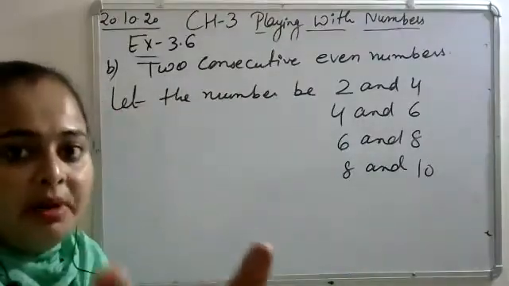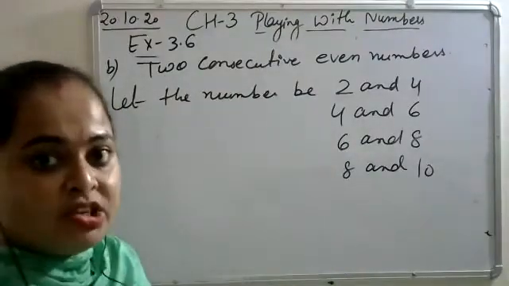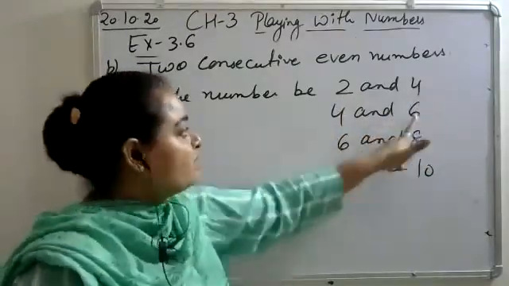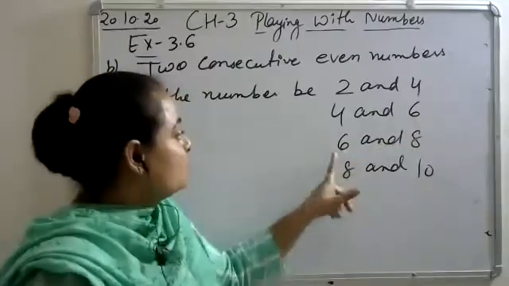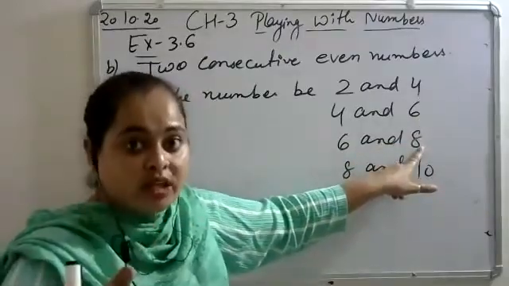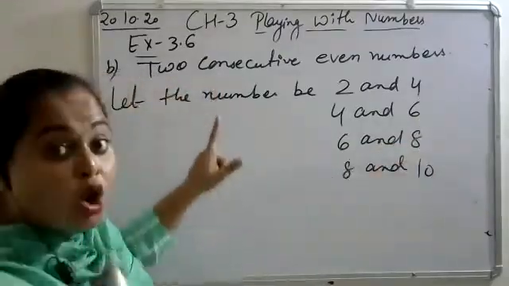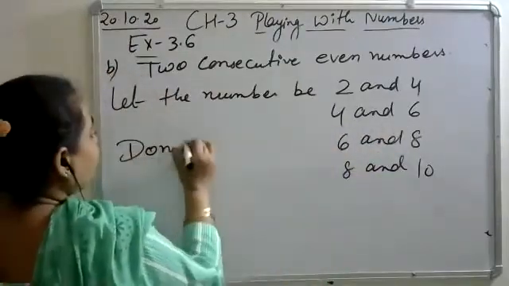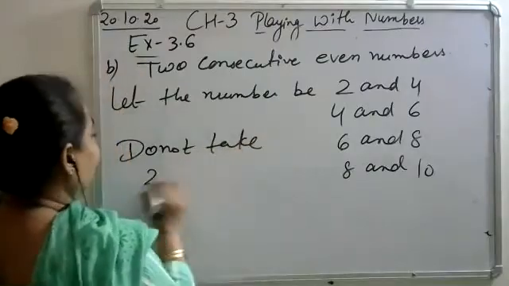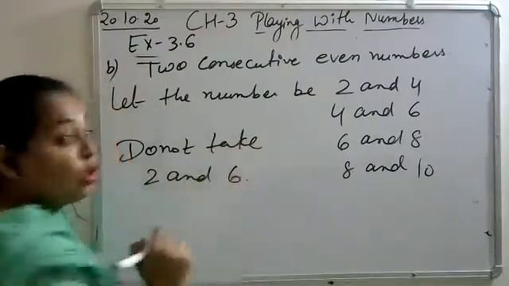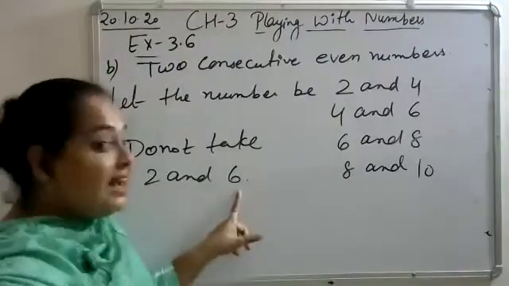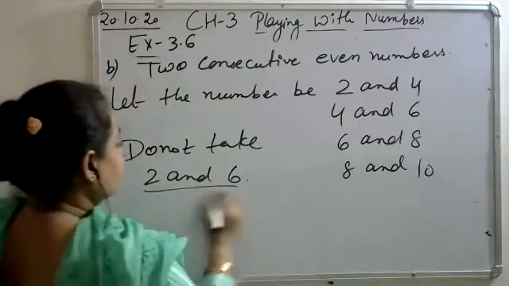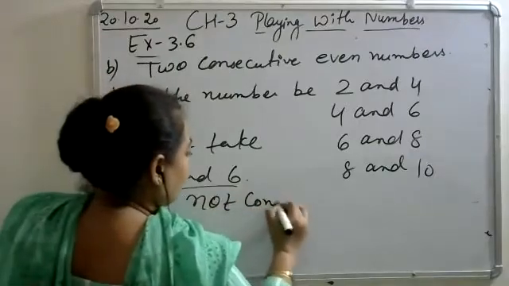Take any two numbers, your wish, no compulsion. 2, 4 consecutive, 4, 6 consecutive, 6, 8 consecutive. As a condition, don't take 2 with 6, because 2 and 6 are not consecutive.